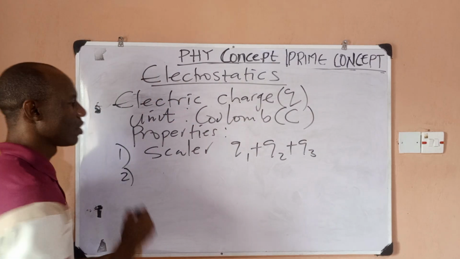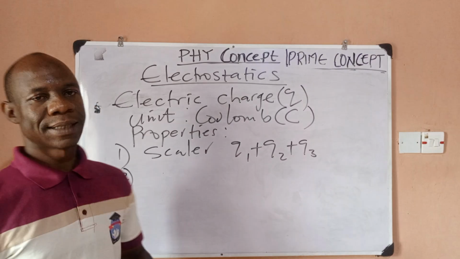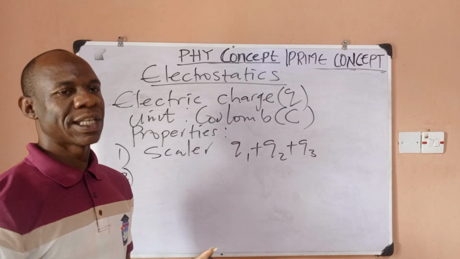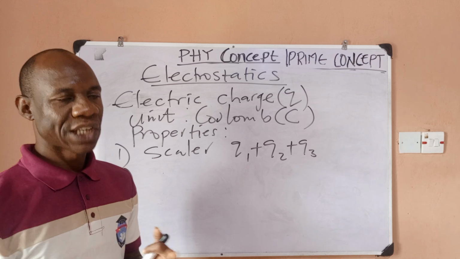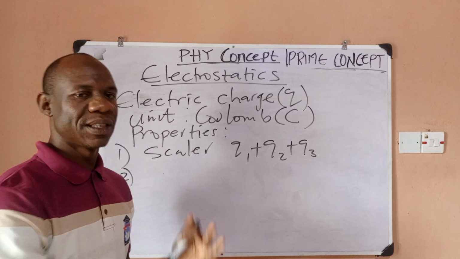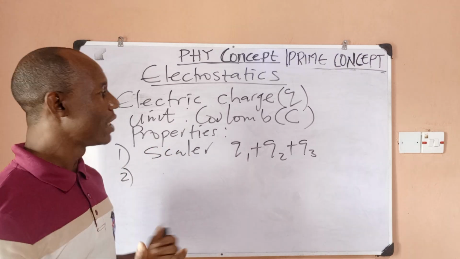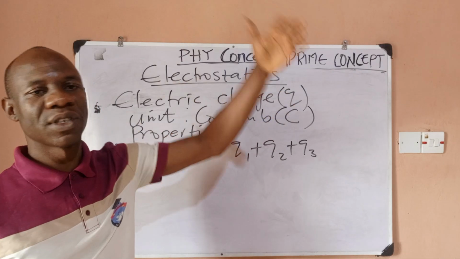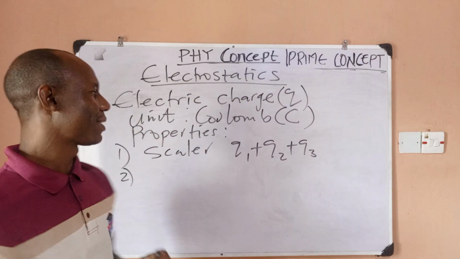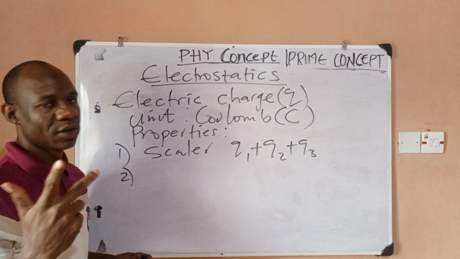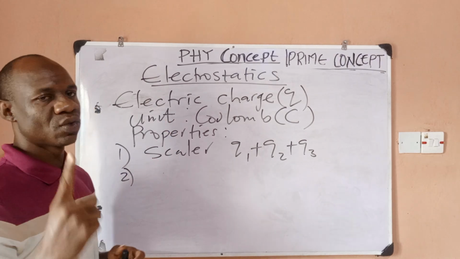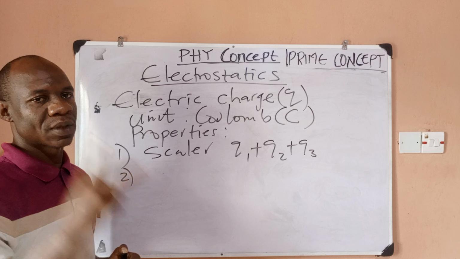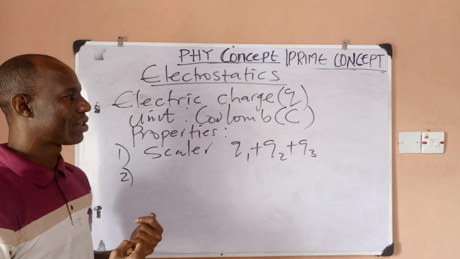Now, another property you should know, number two, is that electric charge can either be positive or negative. Electric charges can either be what? Positive or negative. And since electric charge can either be positive or negative, it simply means that you would have two kinds of force for electric charge, right? So like charges would always repel each other, unlike charges would attract each other.